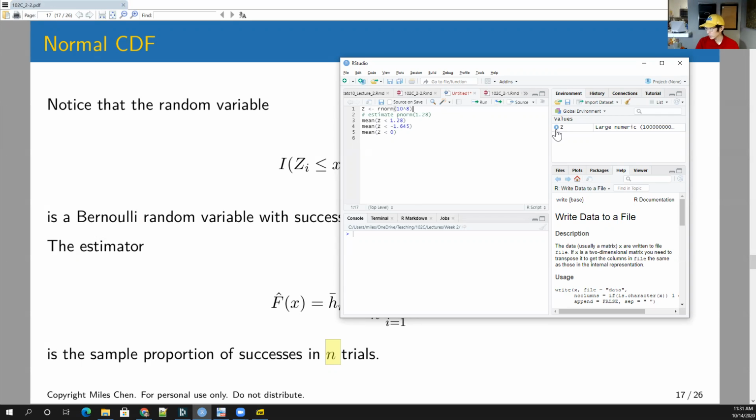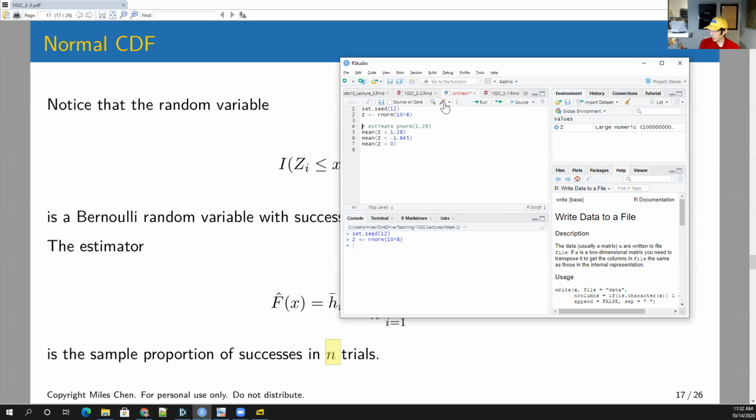One way I can do this is to generate a lot of random normal values. Here I've got rnorm with 10 to the 8th, so that's 100 million values. I'm asking the computer to generate 100 million random normal values, which takes it a little while to execute.